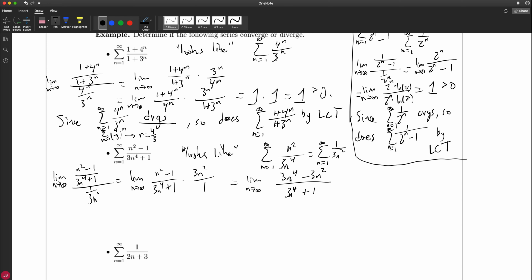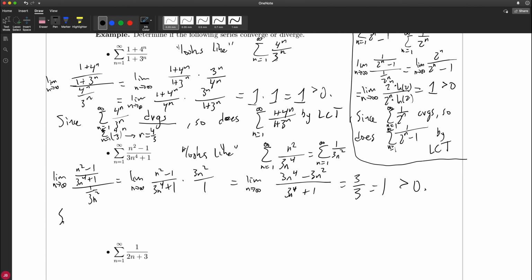I would just observe that we have a rational function, polynomial divided by polynomial. N is going to infinity, and they both have the same highest degree, right? So it's just the ratio of the leading coefficients. You could have also observed that L'Hopital's rule applied a few times here would actually work too. In any case, you're going to get a limit of 1, which is positive.